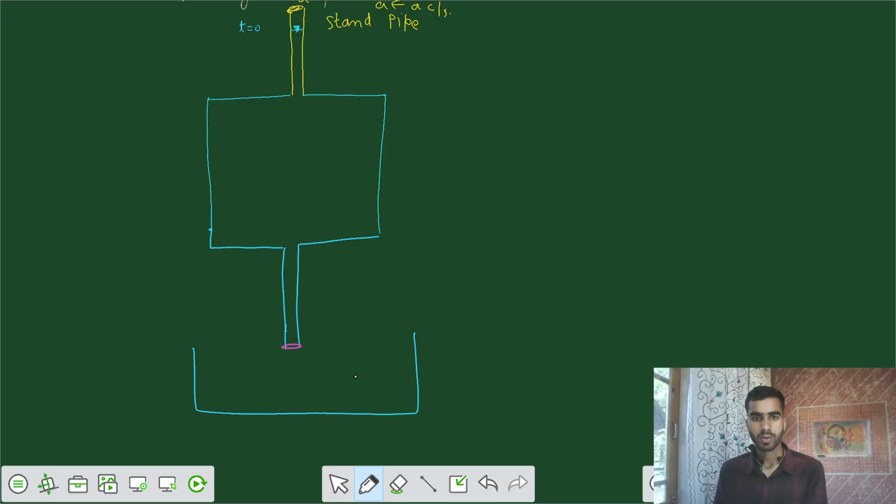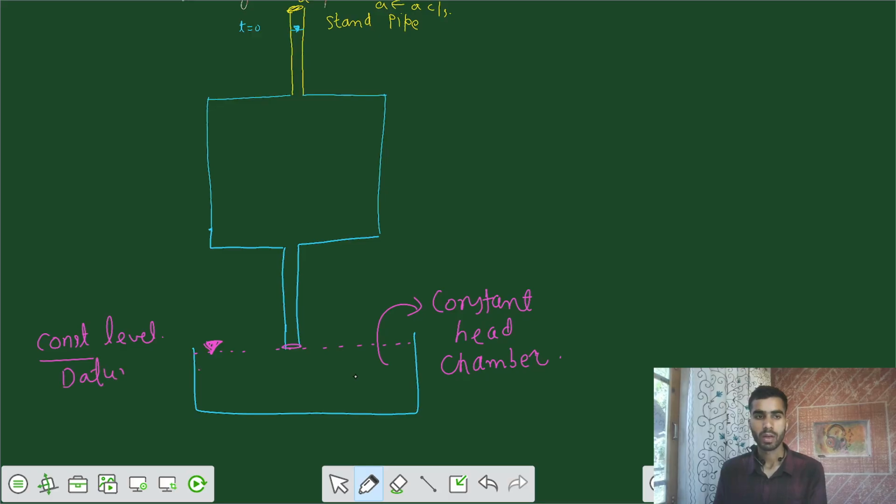This container we call the constant head chamber. It regulates the water such that the head at this location remains fixed, so we keep this section as the datum.